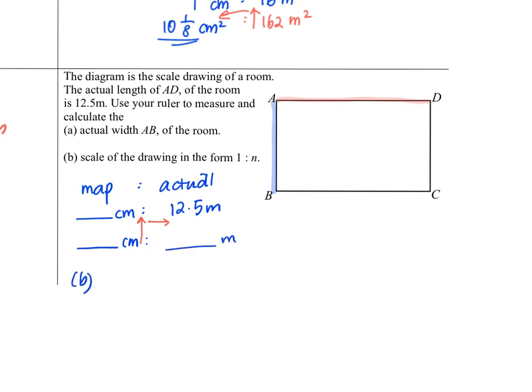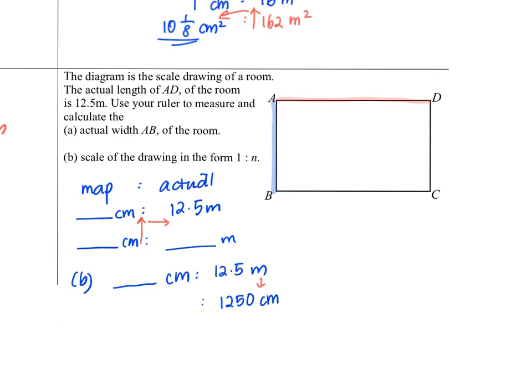And part B, we need to find the scale of the drawing in the form 1:n. So we have our original map is to actual: the number of cm for AD is to 12.5 meters. Now usually what I like to do is change the units first. So 1 meter has 100 cm, so I'm going to multiply these by 100 and change it to cm.